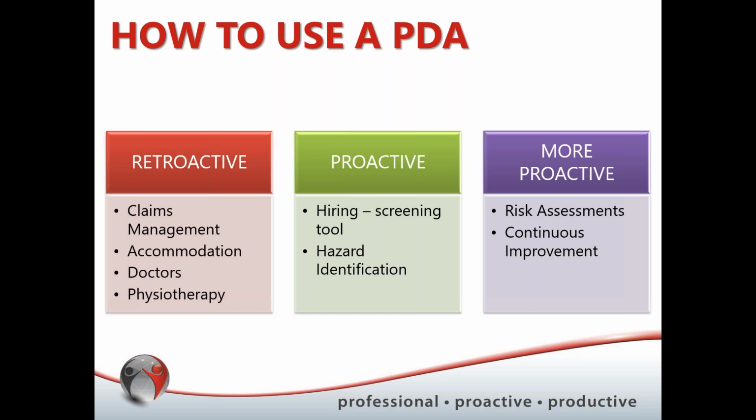You're picturing something like a hammer or a screwdriver, maybe something heavy, right? And we were talking things that were millimeters. And so the doctor, in this case, didn't actually go the extra mile to figure out what that meant, right? But the PDA allows you to provide some of that detail. So there is less ambiguity there. It's much clearer for the doctor about what the job actually is, what the job actually requires, and that can help with the return to work process and the accommodation piece.